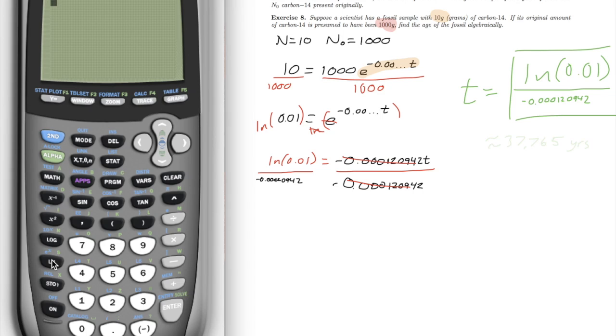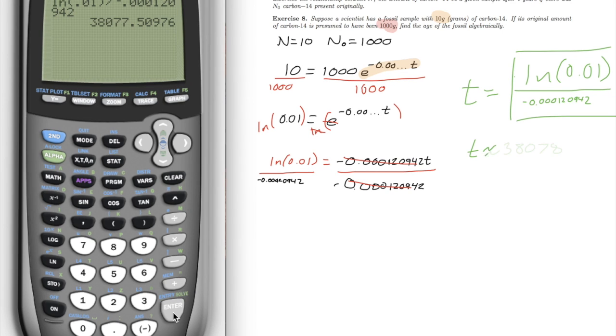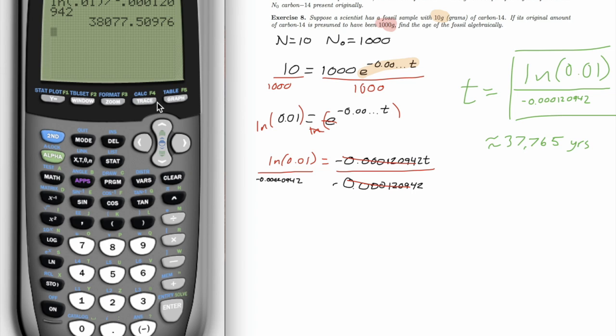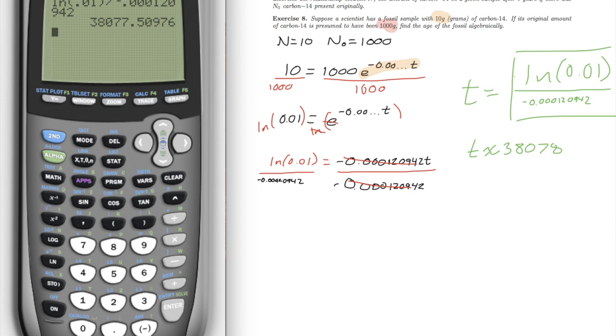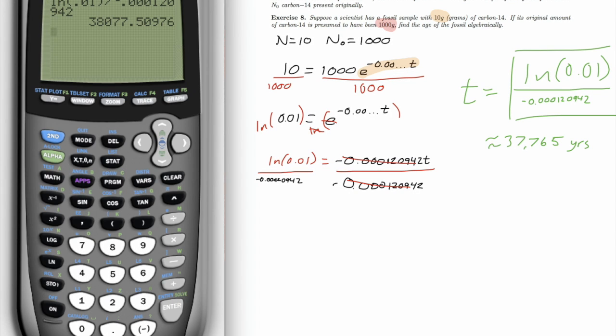I don't know exactly how many years, but if we set this all up, we'll have the natural log of 0.01, which we divide by that long 0.000120942, and come up with 38,077, or if we round up, we'll get 78 years. Now, we usually use carbon dating to date things that are very old, so coming up with something like 38,078 years would feel kind of reasonable.